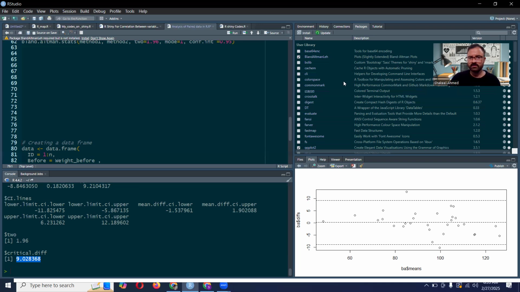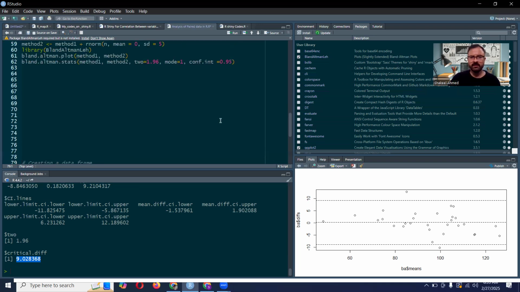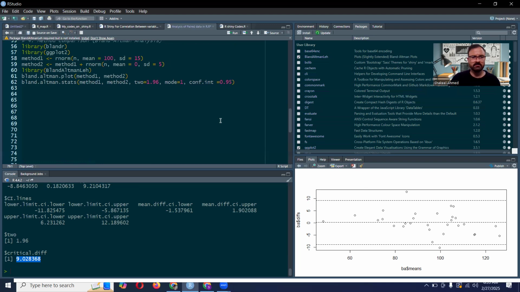So that's all about the agreement plot, called the Bland-Altman plot, that is used for paired data. Basically, we are measuring the same thing using different methods, and we are checking whether the two methods are providing the same results or not. So that's all about this.